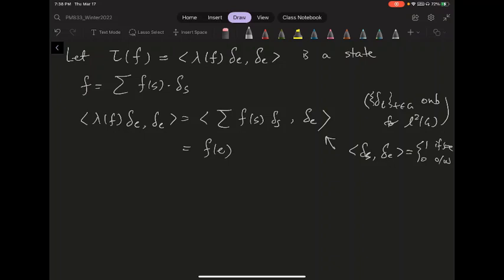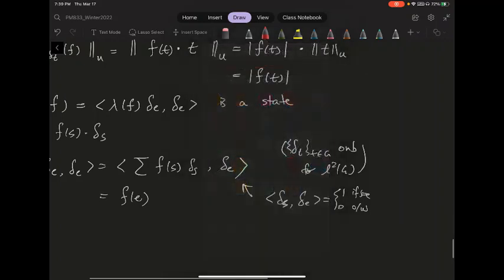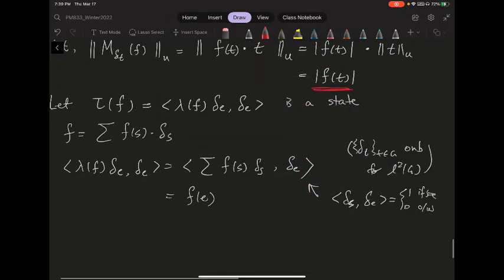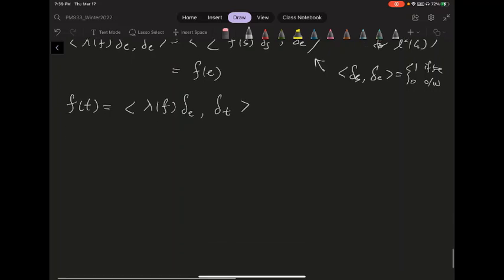Well, you don't really just want the identity, you want the function value at t. So here you see I want the f of t. Well, you just don't take the inner product with delta e, you take the inner product with delta t. So f of t is essentially just the same trick: that's lambda f, I shift the delta e, I take the inner product with delta t, and then I will return my coordinate at f of t.